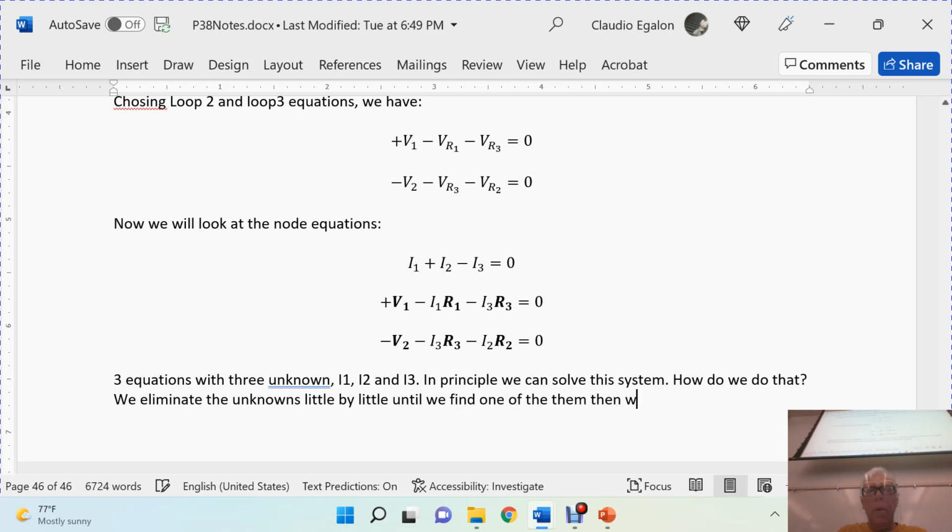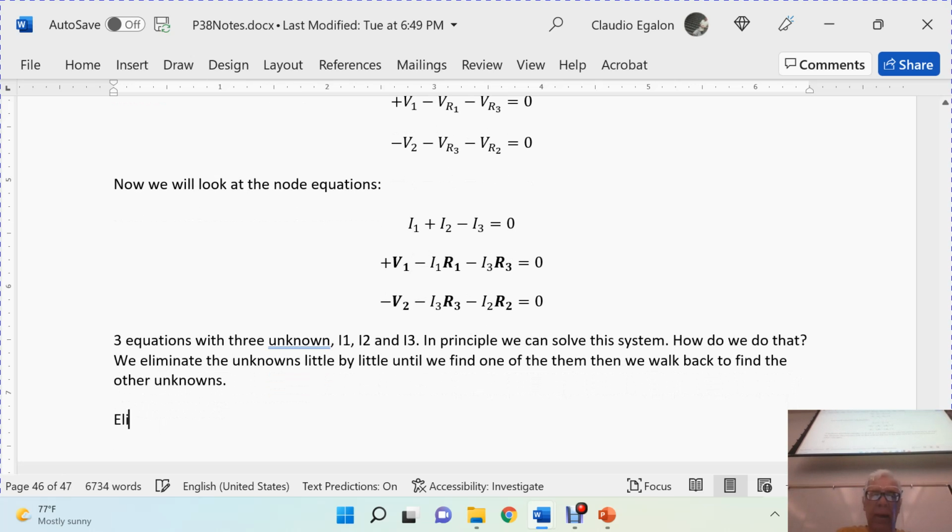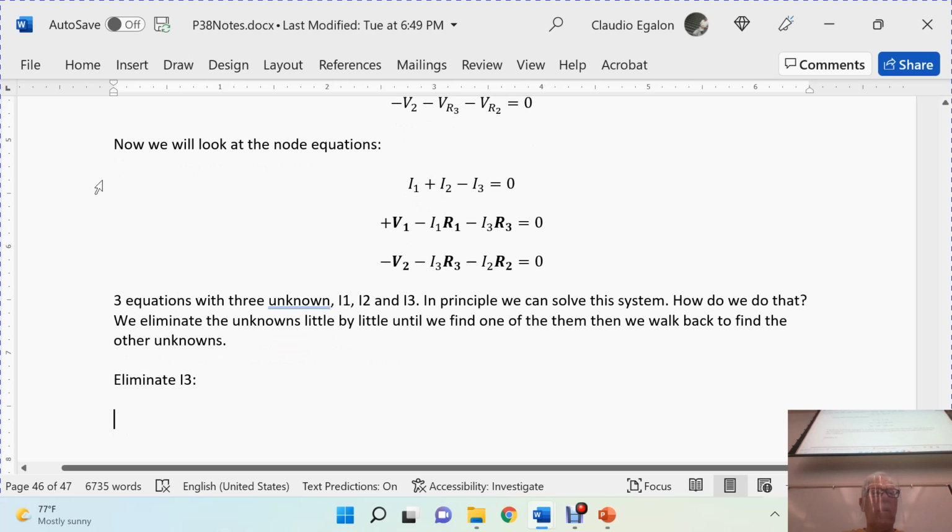Then we walk back to find the other unknowns. That's the technique that we use. Let us start by eliminating I3. What does it mean to eliminate I3? It means write I3 in terms of the other unknowns.